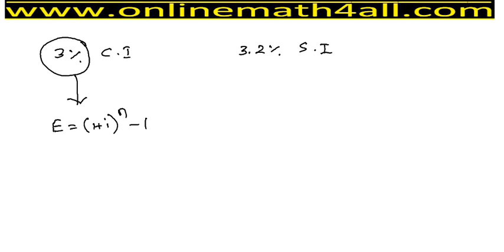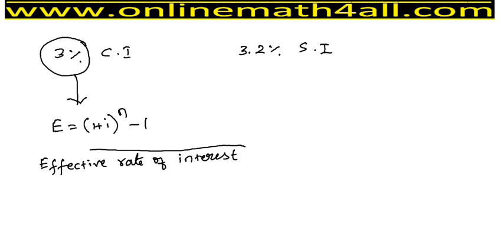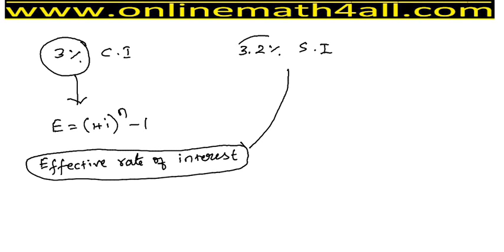By using this formula, you find the effective rate of interest. This effective rate of interest is to be compared to the rate of interest given in the simple interest. Where we get more percentage, that is the better investment. So this is a simple way of comparing compound interest and simple interest.